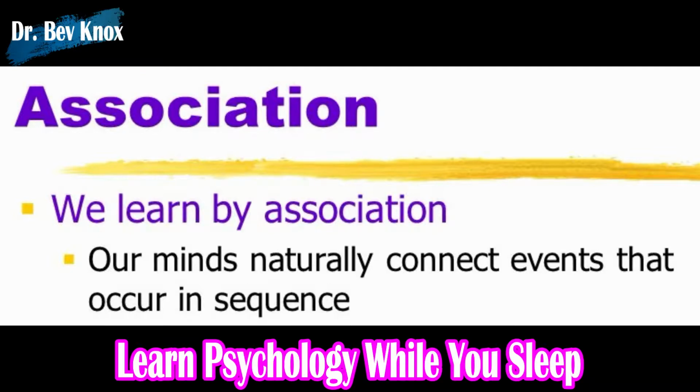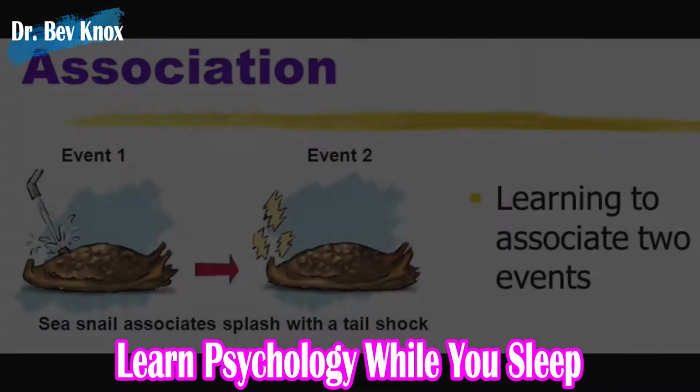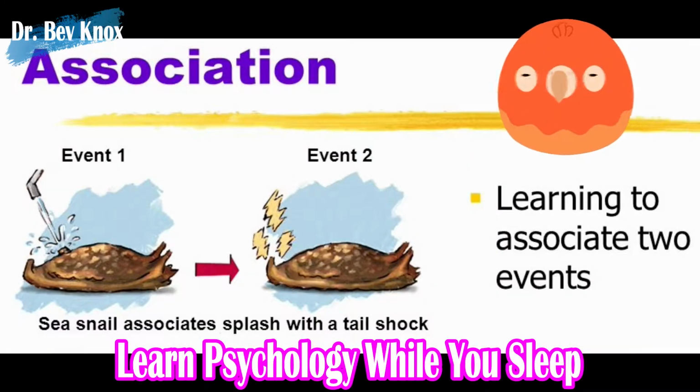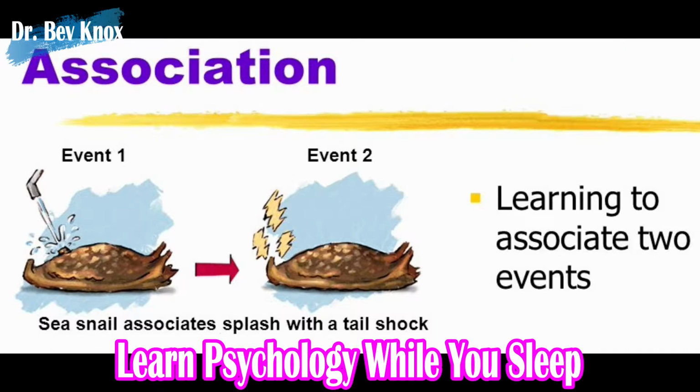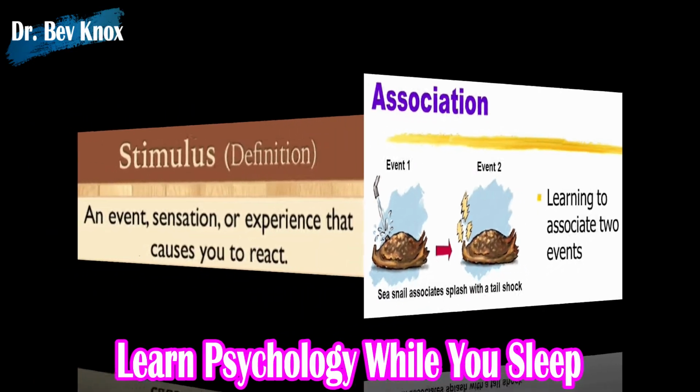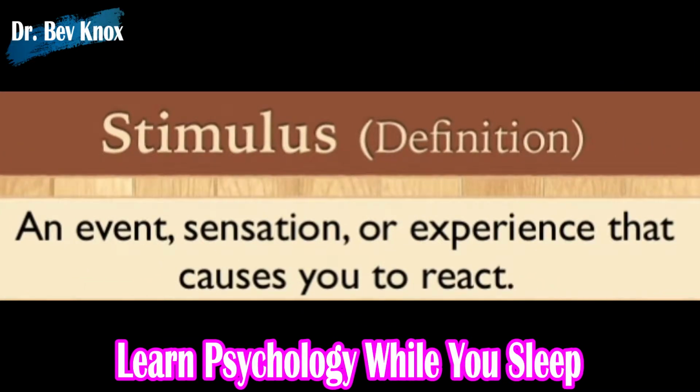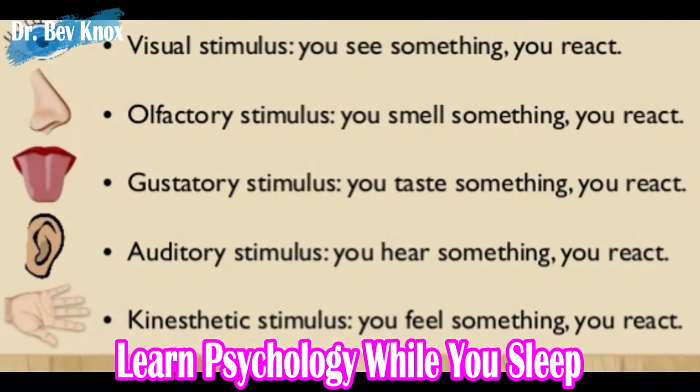The events may be two stimuli, as in classical conditioning, or a response and its consequence, as in operant conditioning. When we speak of a stimulus, it is any event or situation that evokes a response. How do we learn to form associations between stimuli and responses?